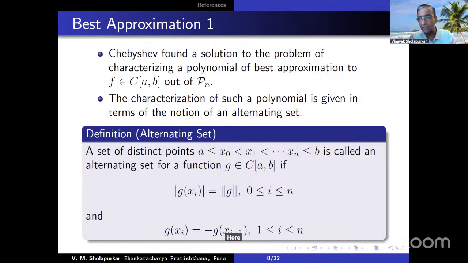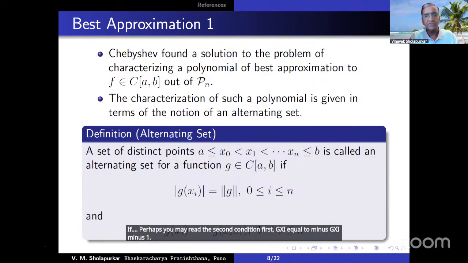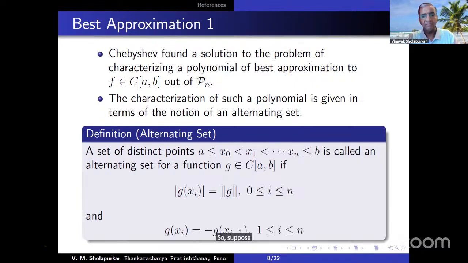Here we need a notion called an alternating set. So look at the definition. A set of distinct points x0, x1 up to xn, say n plus 1 points, is called an alternating set for a function g if, perhaps you may read the second condition first, g(xi) equals minus g(xi minus 1). So suppose i equals 1, then g(x1) is minus g(x0). g(x2) is minus g(x1).